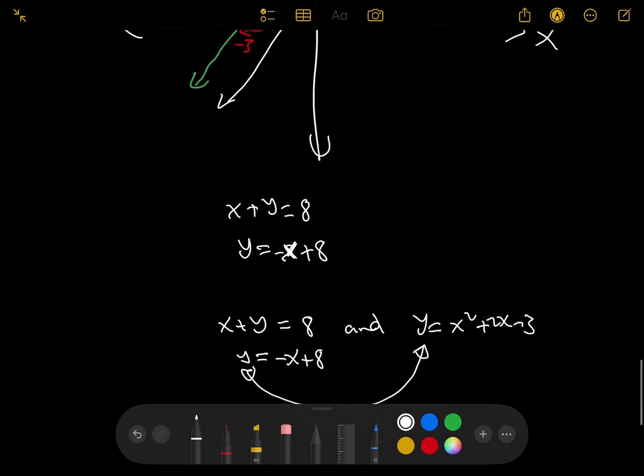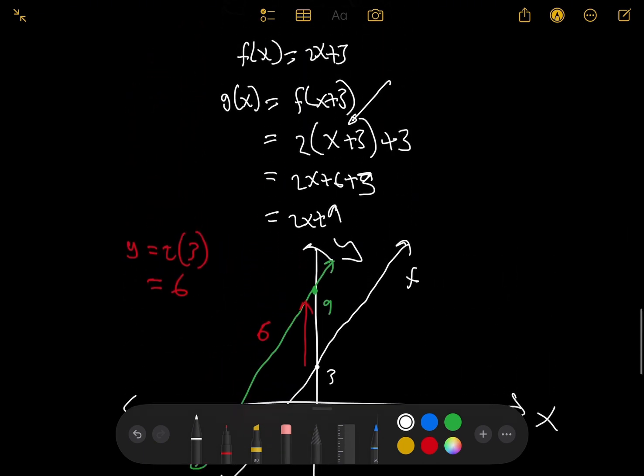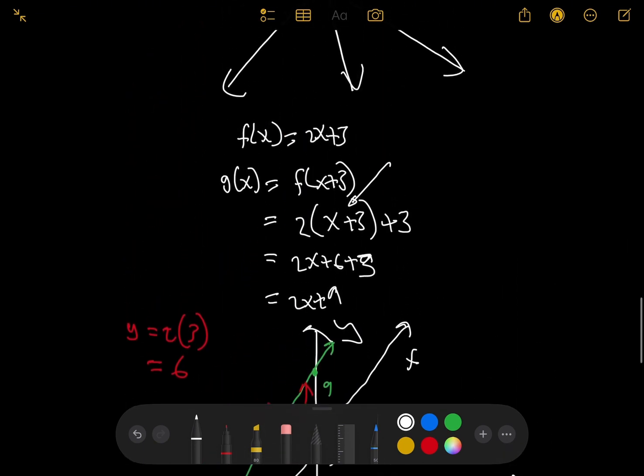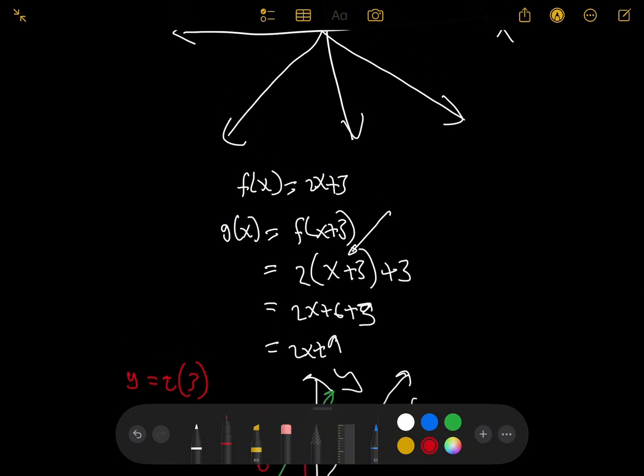But anyway, in closing, let me write it on the right hand side. We'd also have something like, they say the graph of g of x is equal to f of 2x. So in that case, instead of substituting x, you'd substitute 2x.